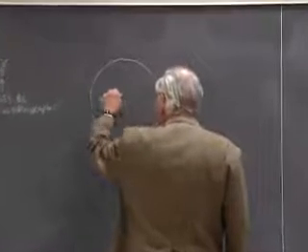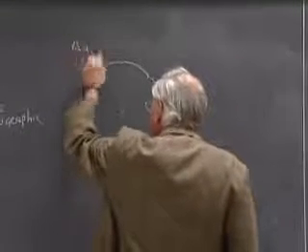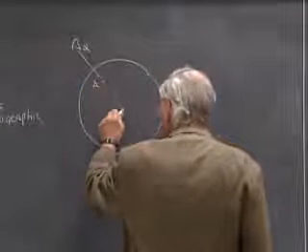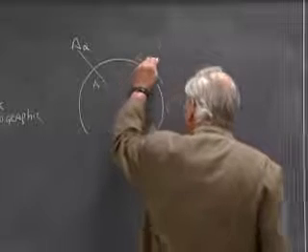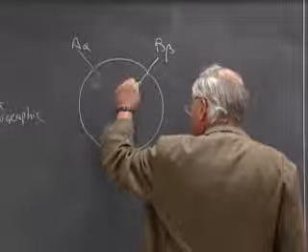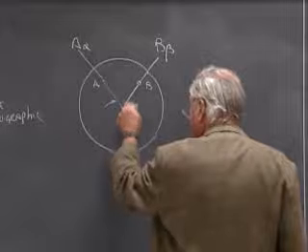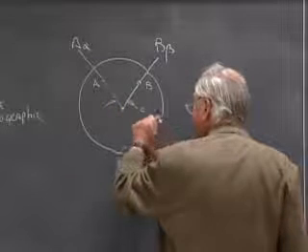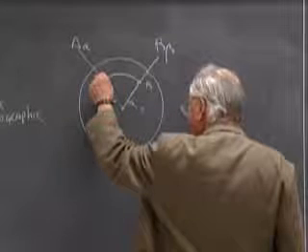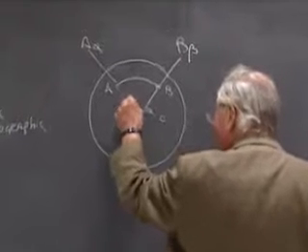So on the surface of a sphere, I'm going to map the point at which A alpha protrudes, and I'll call this point A. And then I'll mark out the point where axis B beta exits the sphere, and I'll mark that point B. And this is the angle C. And we said that in spherical trigonometry, the measure of the length of the arc separating A and B is given by the angle subtended at the center.